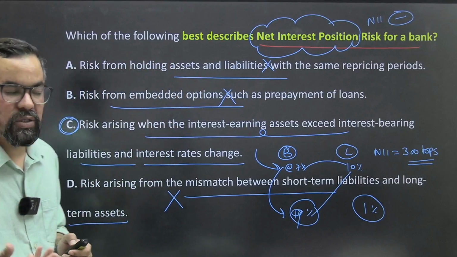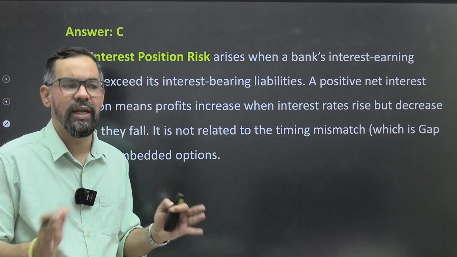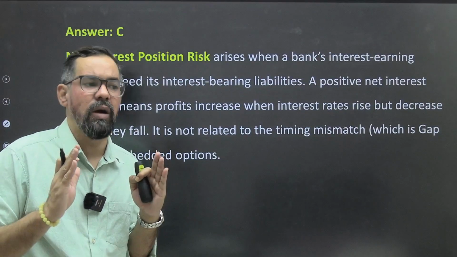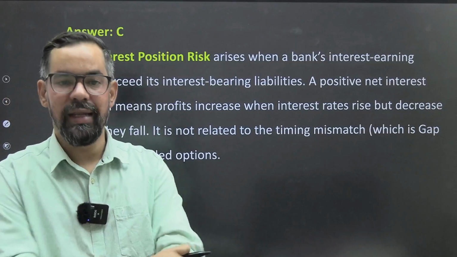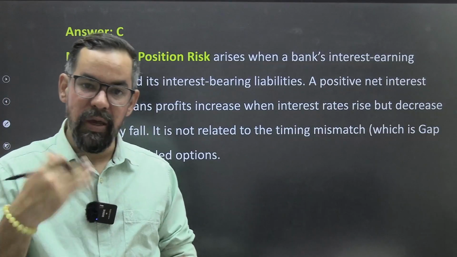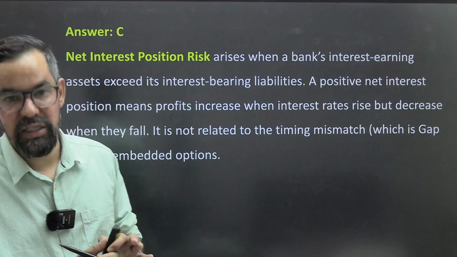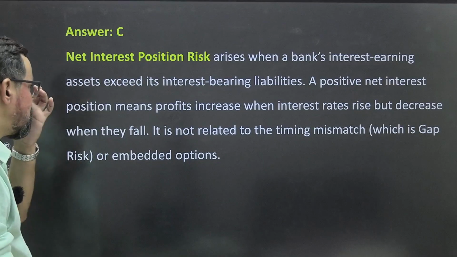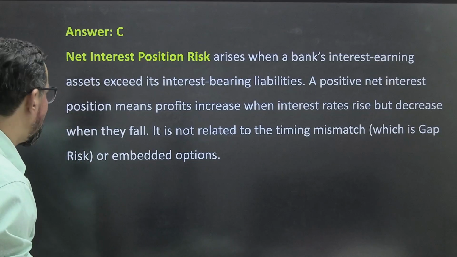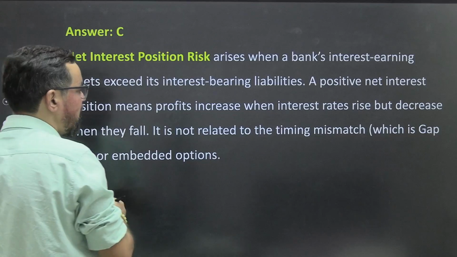These kinds of situations show the overall interest positioning, where your interest payables are higher than your interest receivables. Net interest position risk arises when a bank's interest earning assets exceed its interest bearing liabilities.